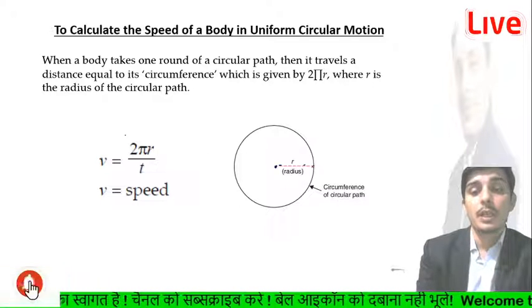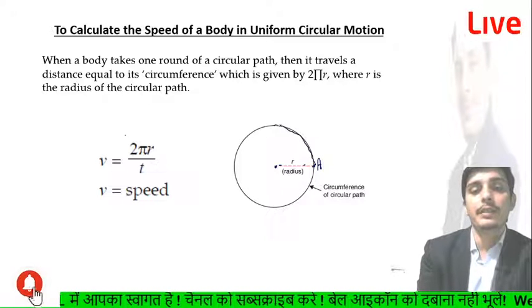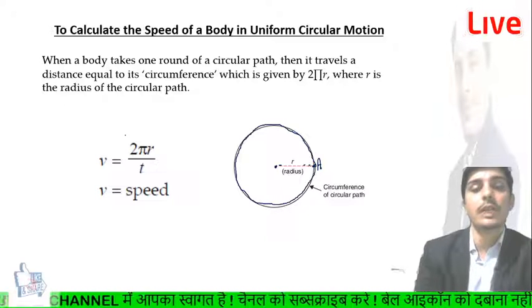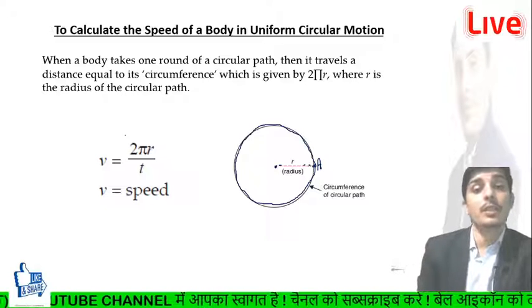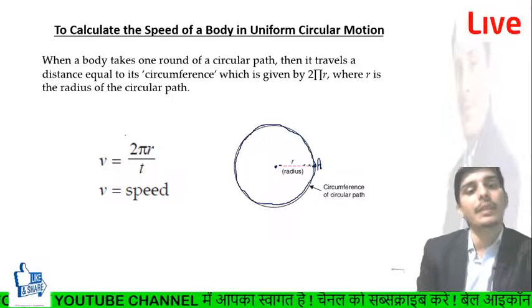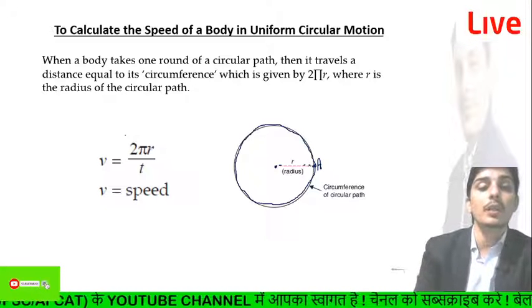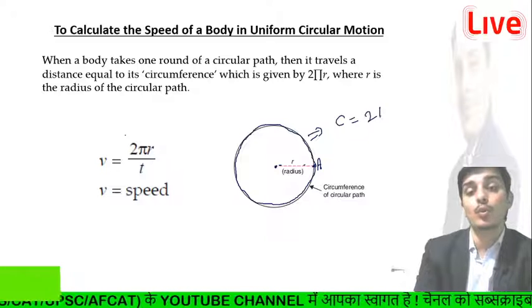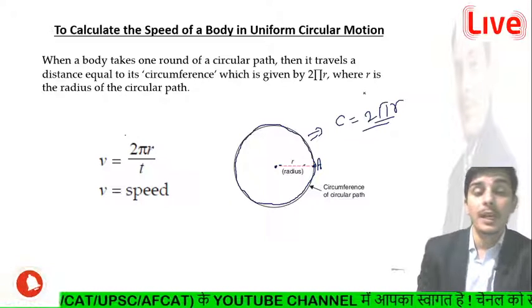Any person starts running from this point and completes one revolution. After one round of the circular path, it travels a distance equal to the circumference of the circle, which is 2 pi r, where r is the radius of the circular path.